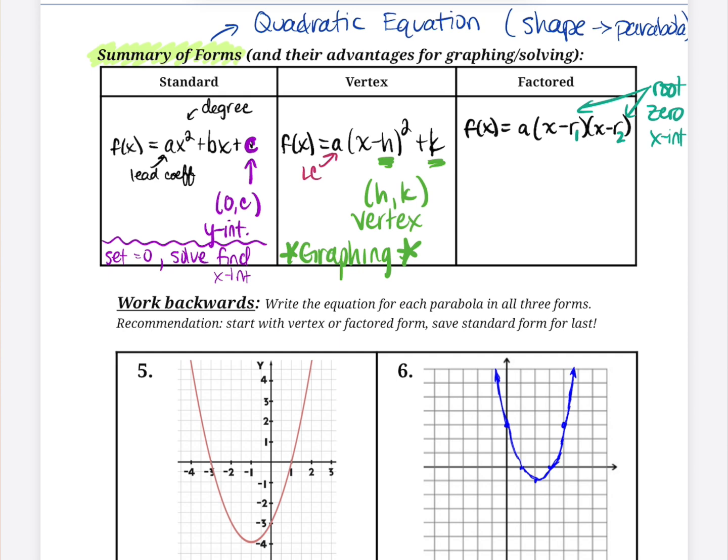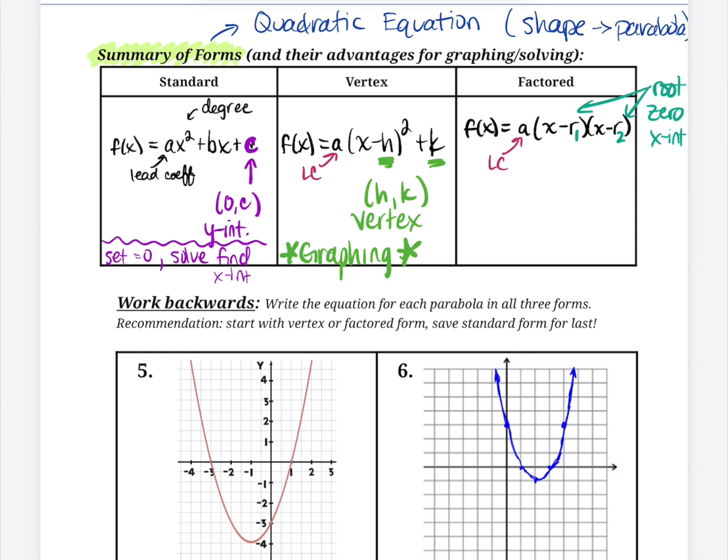It just depends on the quadratic that you're looking at. It's totally changeable. R1 and R2 could be the same number, or two different numbers, a positive and a negative, whatever. But the key thing is that a is still the same. If we're talking about the same quadratic, standard, vertex, and factored form will all be equivalent forms, so the a value is the same.